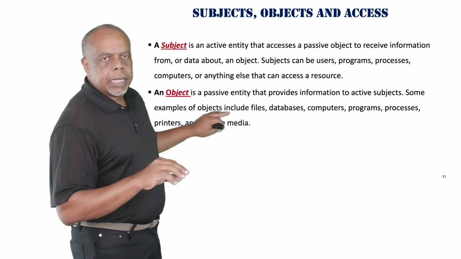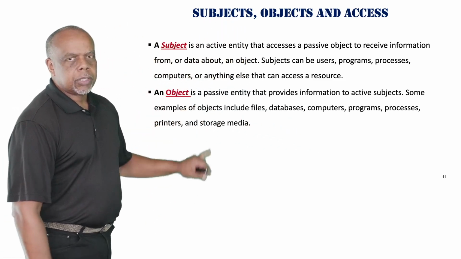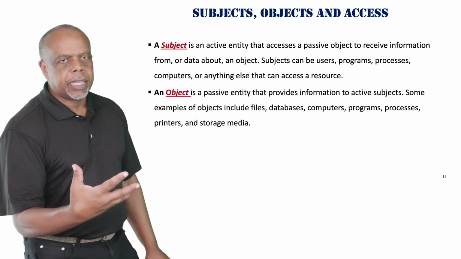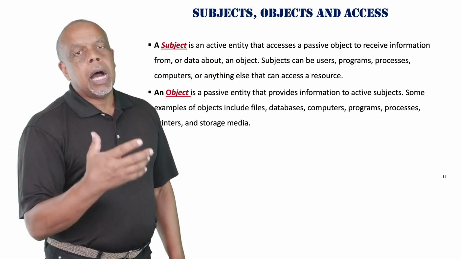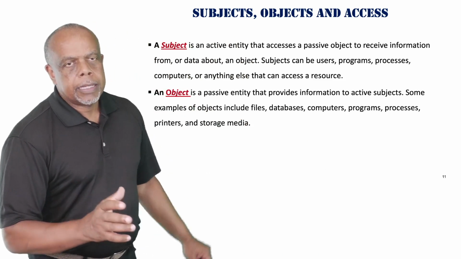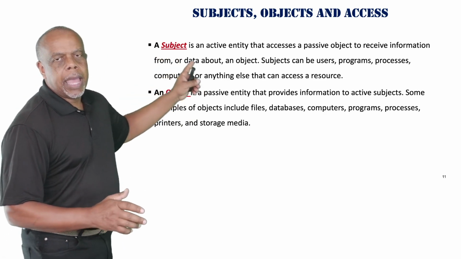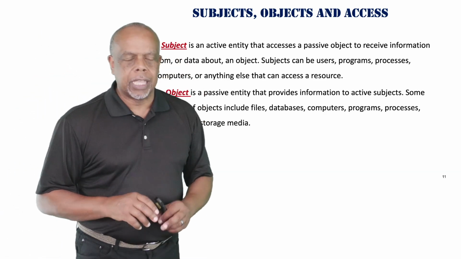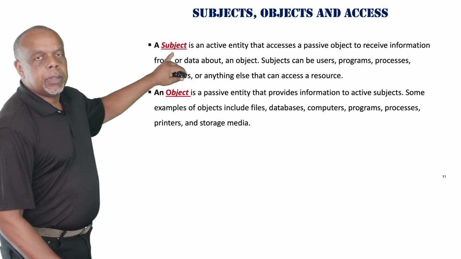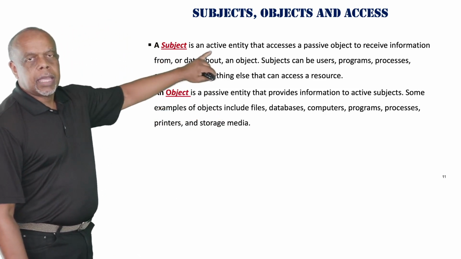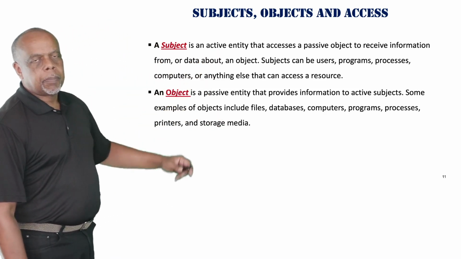Those are data objects because they are passive, meaning they're just sitting there in a row, in a cell, or in a tuple of a spreadsheet. Now, when someone tries to access that spreadsheet and extract information from it, that would be the subject. Subject, active entity; object, passive entity.